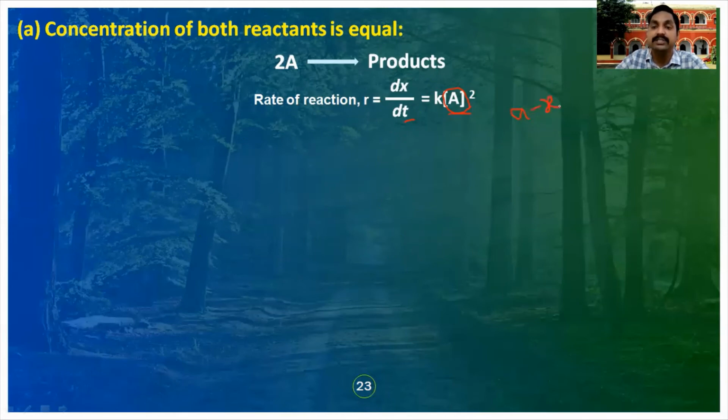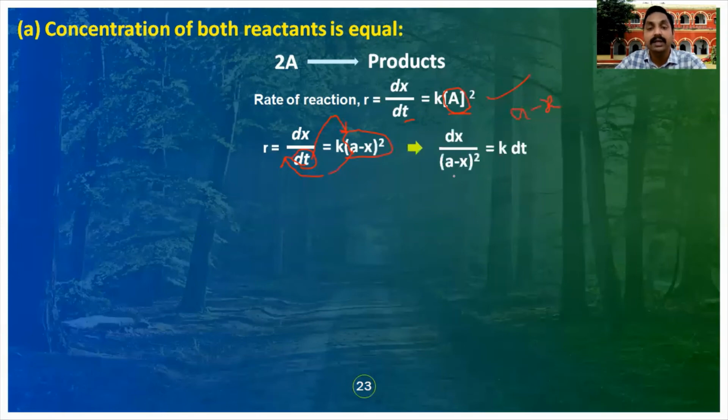Let us substitute this in this equation. Thus we get rate is equal to dx by dt, which is equal to k into a minus x whole square. Let us take concentration terms to left hand side and dt term to right hand side. Thus we have got dx by a minus x whole square is equal to k dt.